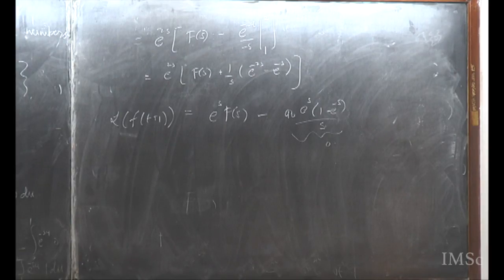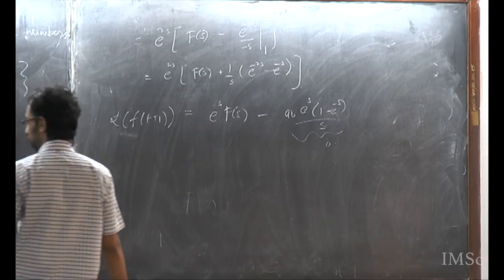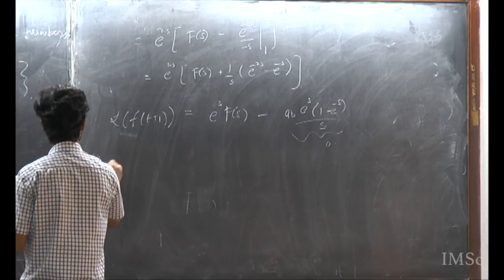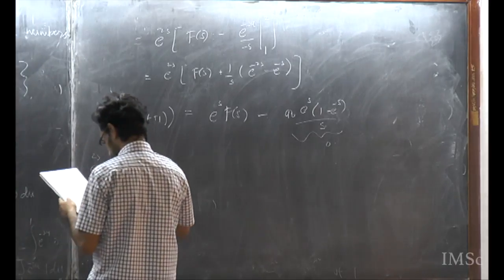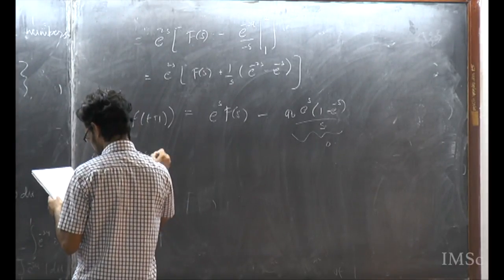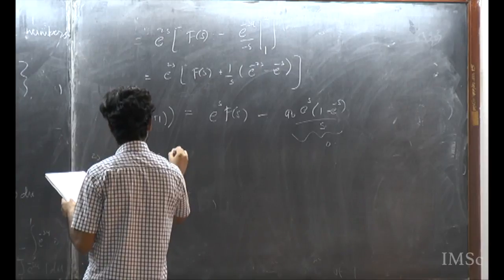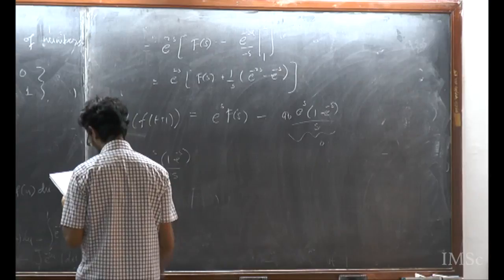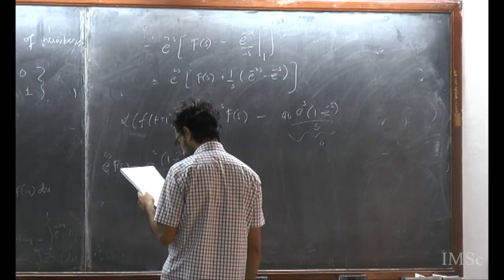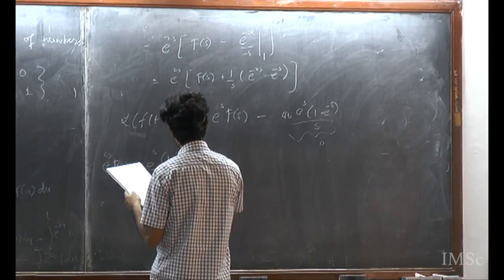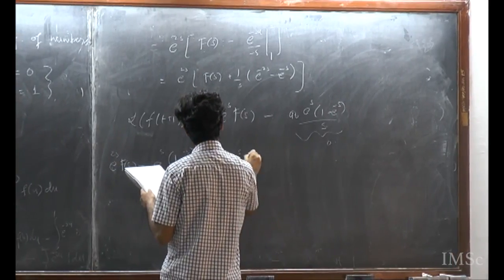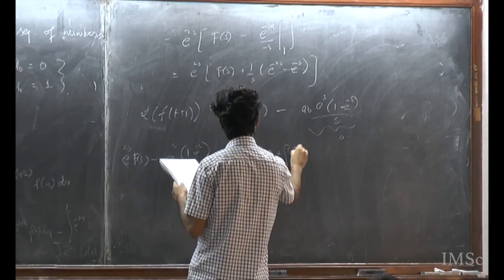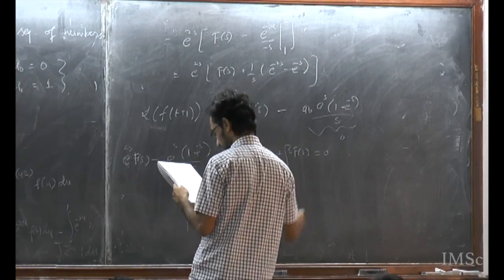So what will you get when you apply the Laplace transform to this equation? You will get e to the 2s F(s) minus e to the s (1 minus e to the minus s) over s, minus alpha e to the s F(s) plus beta F(s) equals 0.